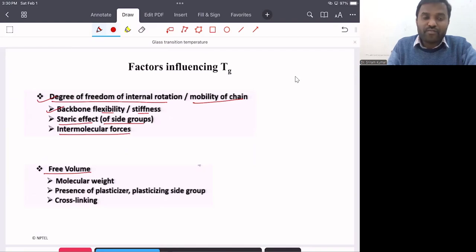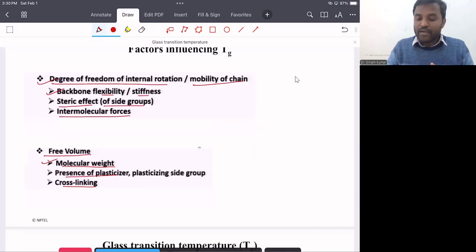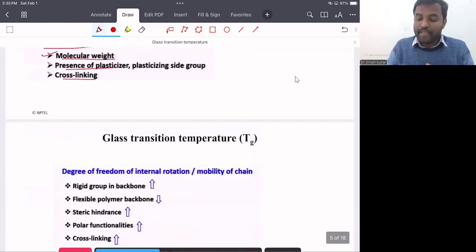And if you think about manipulating the free volume, then we can use the molecular weight of the polymer, the presence of plasticizers, and cross-links. So these are important factors which affect glass transition temperature. Now let's understand one by one.